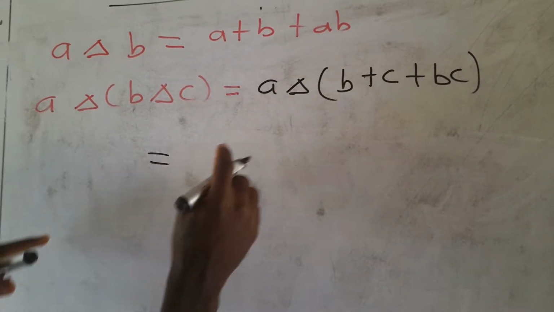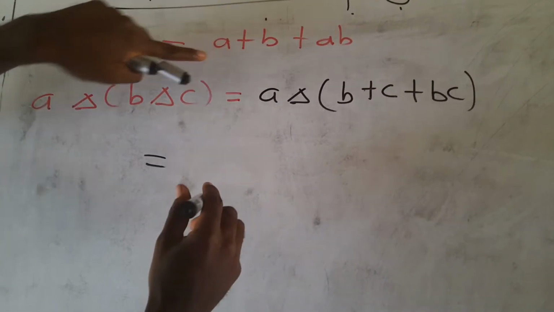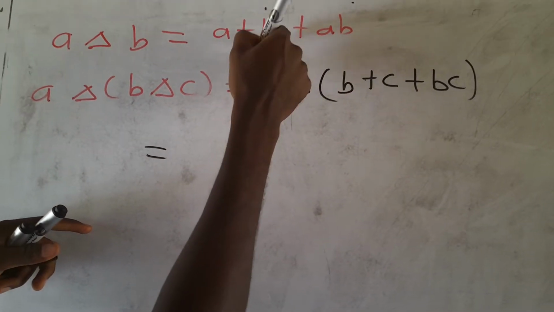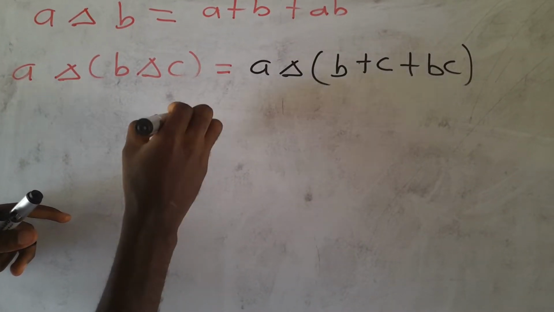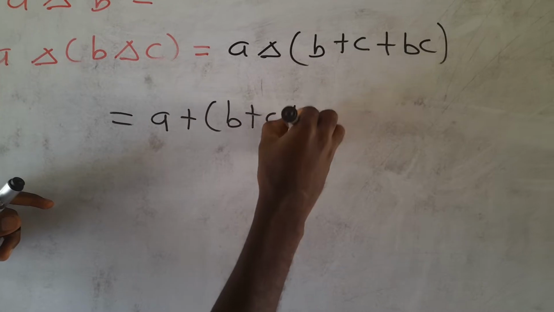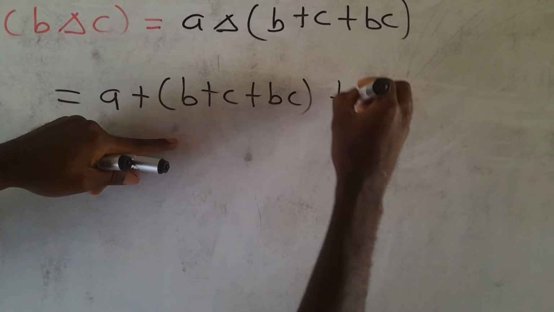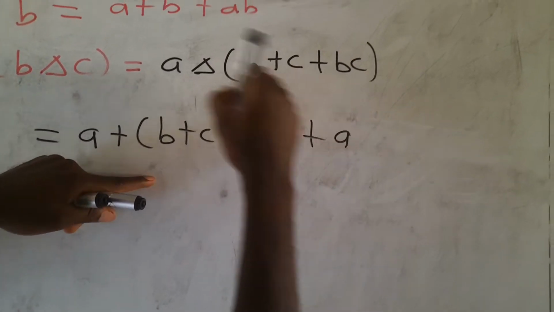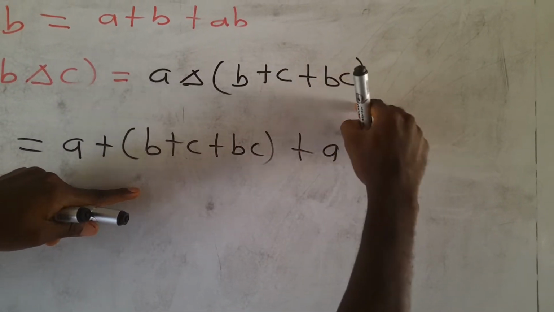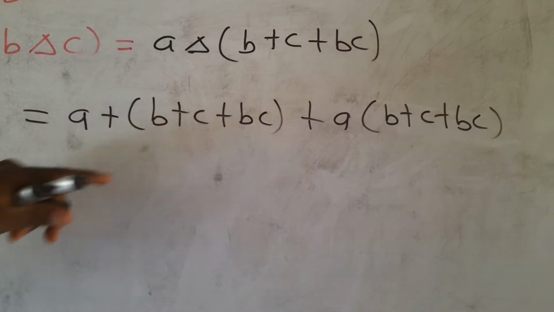And with this, now this becomes our A, then the whole of this will be B. So in place of A, we substitute that. In place of the B, we substitute this. So we have A plus (B plus C plus BC), then plus A, which then times our B, which will be this, B plus C plus BC.